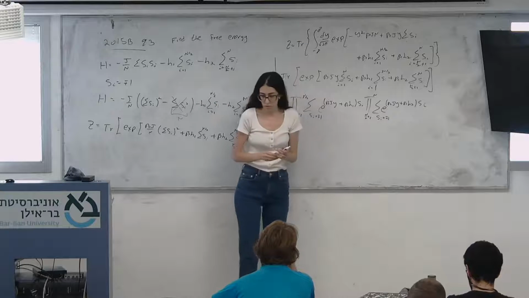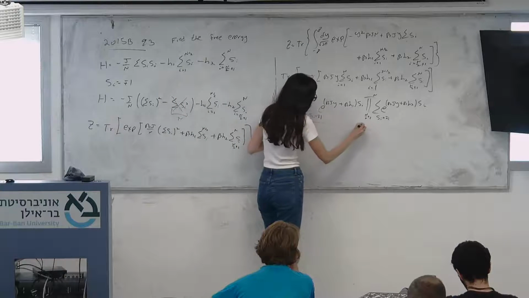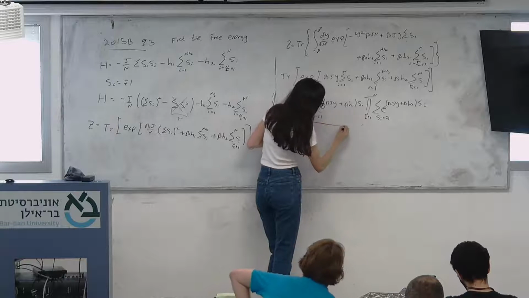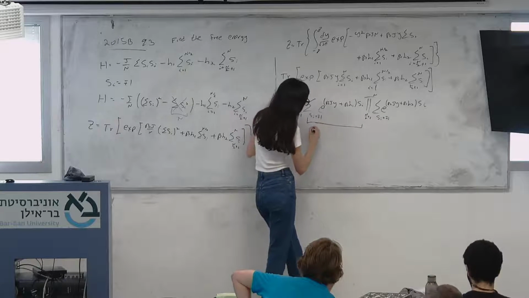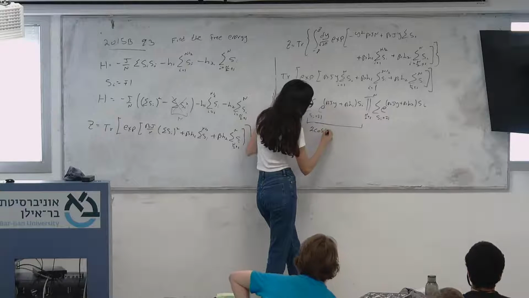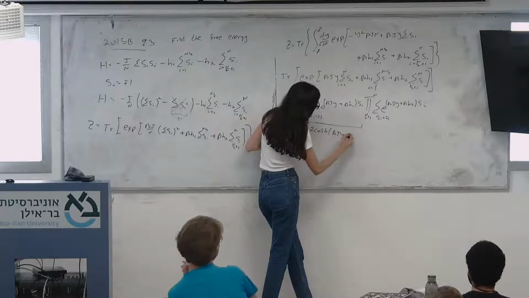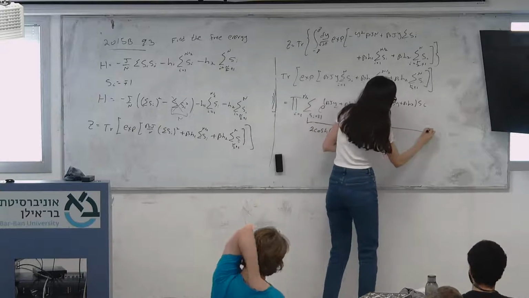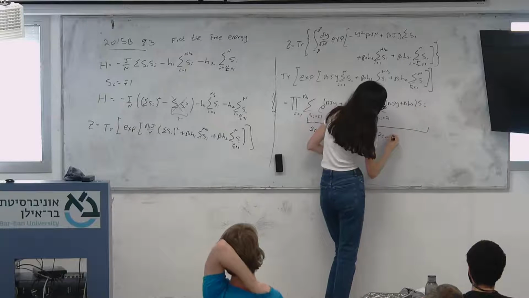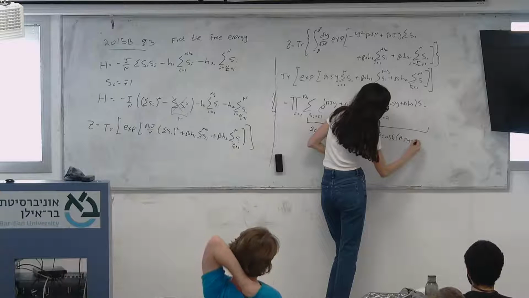Now it's clear. So now that summation is going to be just 2 cosine of beta J y plus beta h1. This is similar to before, and this is 2 cosine of beta J y plus beta h2.